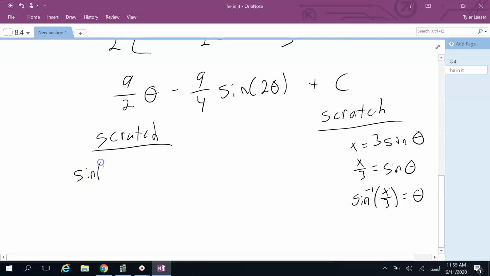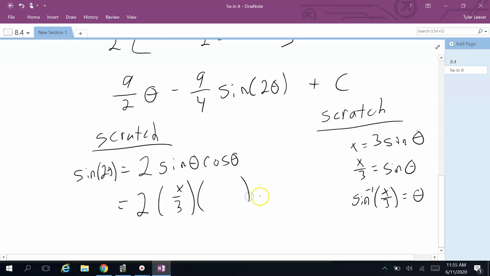Sine of 2 theta, we do not have one of our identities or our substitutions up top for. We're going to have to use the double angle identity. Sine of 2 theta is the same thing as 2 sine theta cosine theta. That's on that identity sheet. Sine theta we can get from this equation here, so I'm just going to replace this with x over 3.